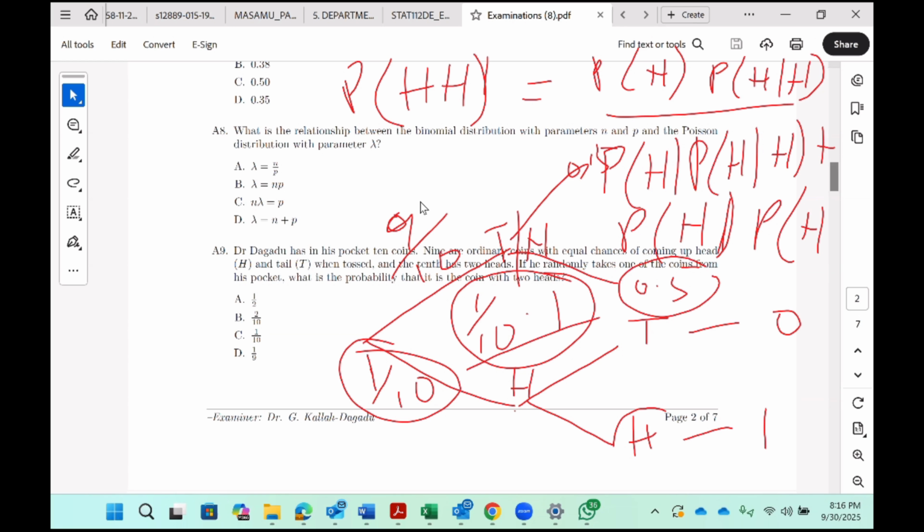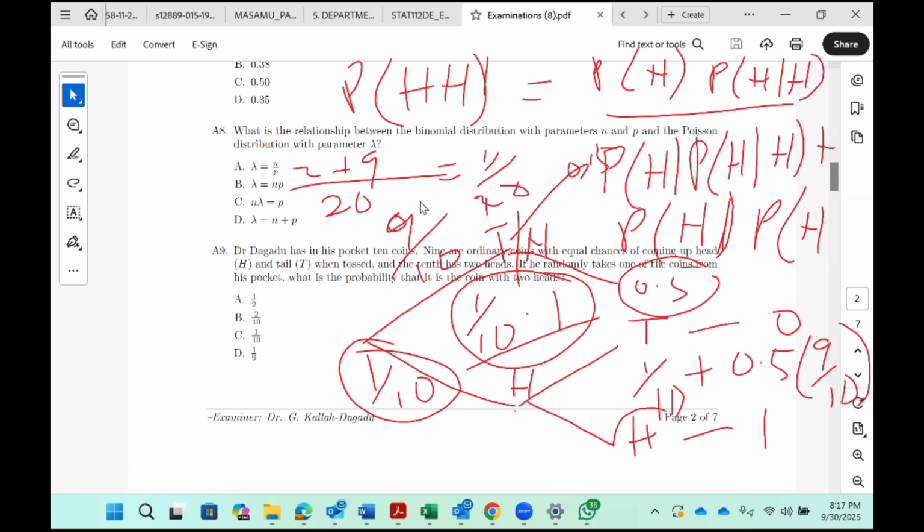So you have this of 1 over 10 plus 0.5 times 9 over 10. So the denominator, I am going to have that be 20. That's 2 plus 9, 11 over 10 over 20.